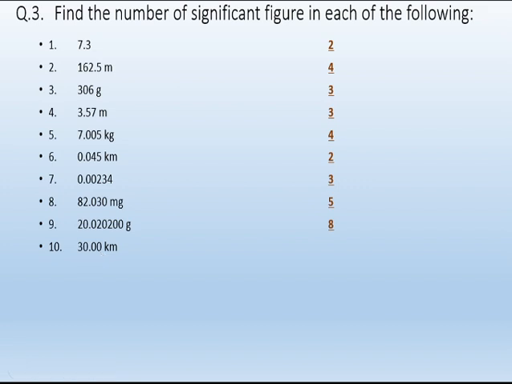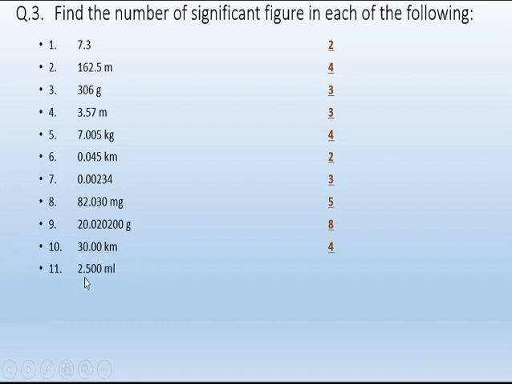Now this is 30.00 and ending zeros are significant. There is a zero which is not significant by itself, but it is coming between significant numbers, so this will also be considered significant. So it's 4 significant figures.